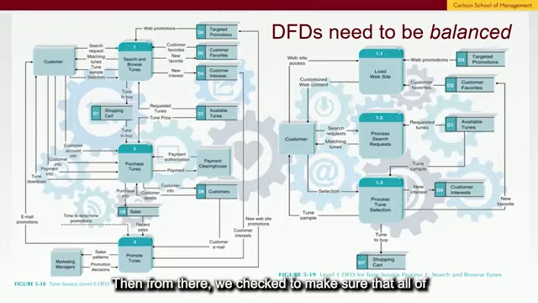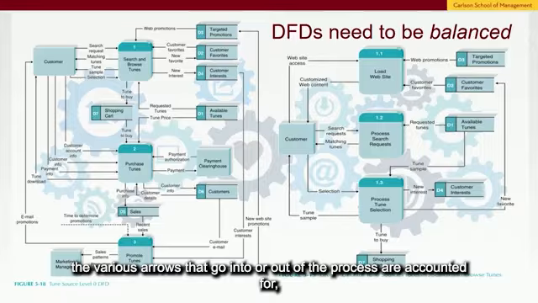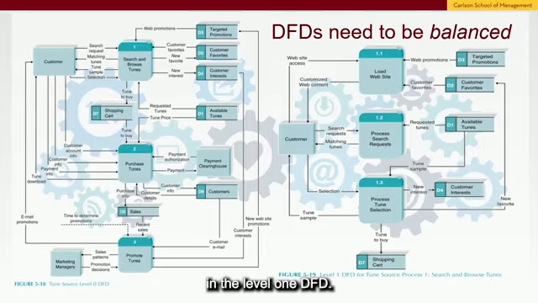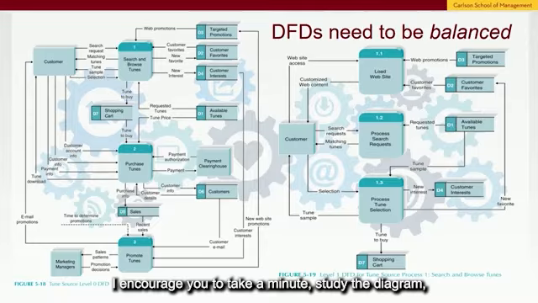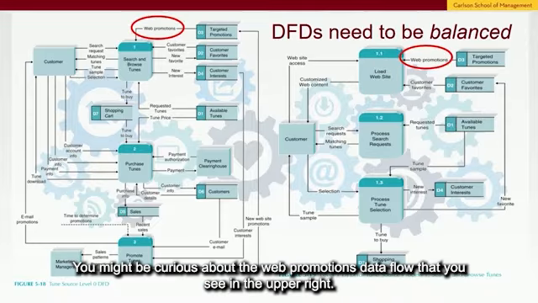And then from there, we check to make sure that all of the various arrows that go into or out of the process are accounted for in the level 1 DFD. I encourage you to take a minute, study the diagram, and try to convince yourself whether or not this is the case. You might be curious about the web promotions data flow that you see in the upper right.